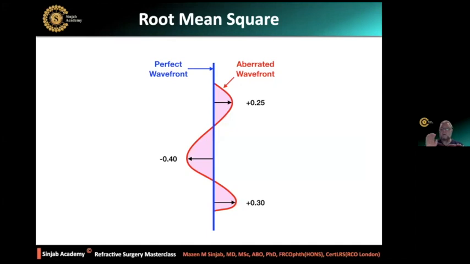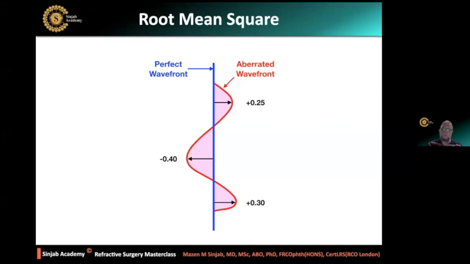However, it does not give an idea about what the aberrations are. If, for example, the RMS is 1 or 1.2, which is too much, it means that the eye is very much aberrated. Okay, but does the patient suffer from spherical aberration?